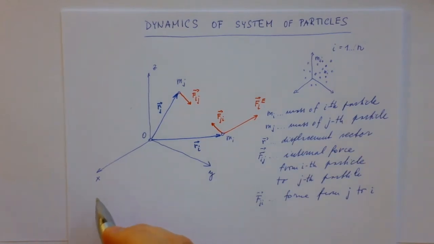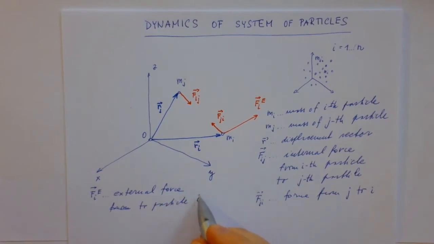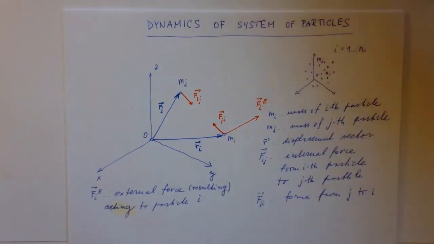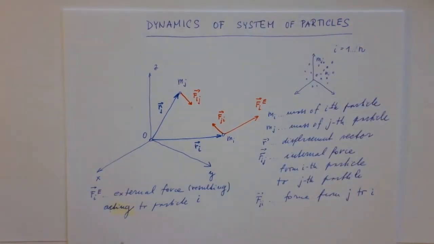So Fie is an external force acting to particle i. We will use these relations in further calculation.